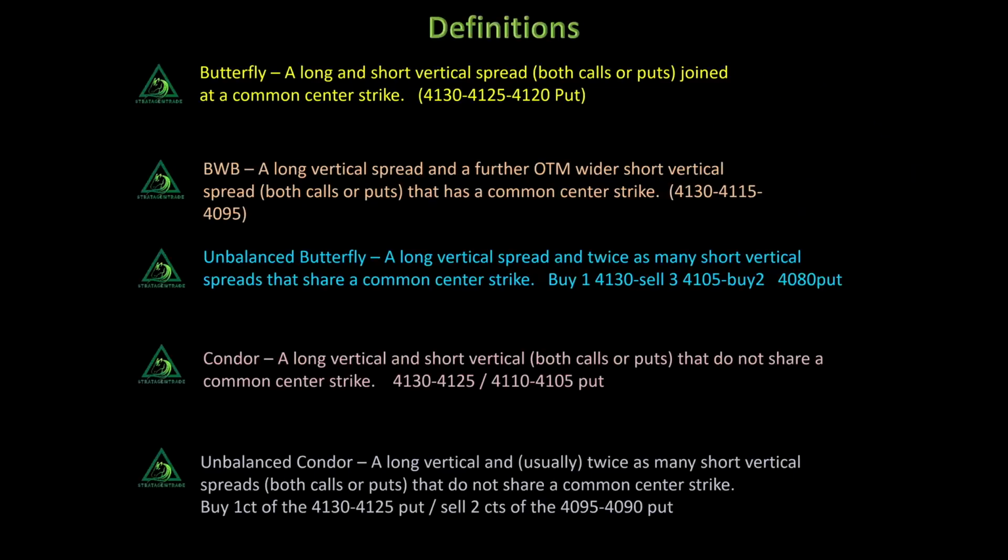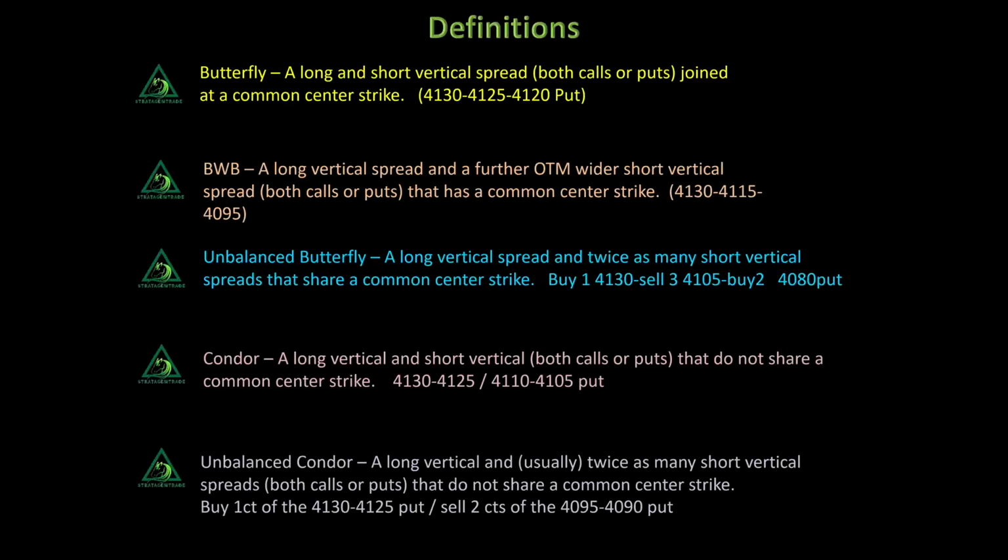And the people who are taking the alchemy class and loving zero DTE trades have been begging and pounding and screaming, I want an unbalanced class. And I should have called it unbalanced instead of unbalanced condor, because we are going to be talking about unbalanced butterflies, BWB, which is an unbalanced fly, sort of, and an unbalanced condor.